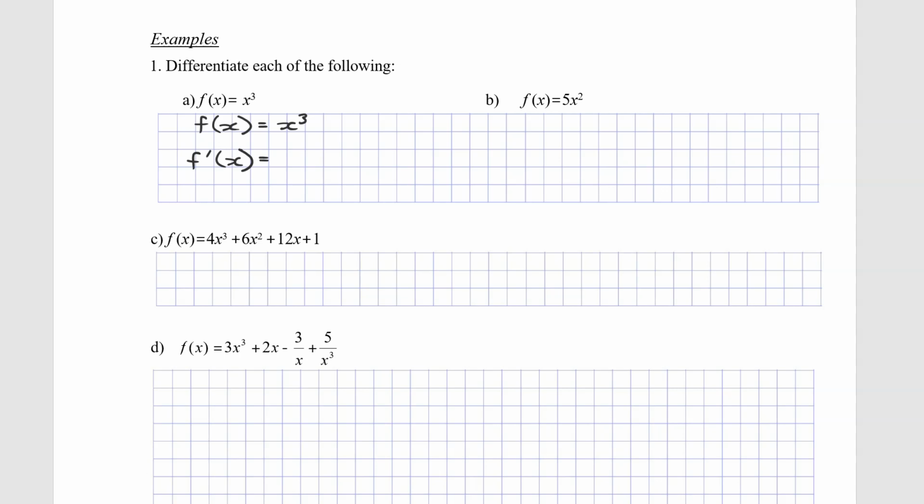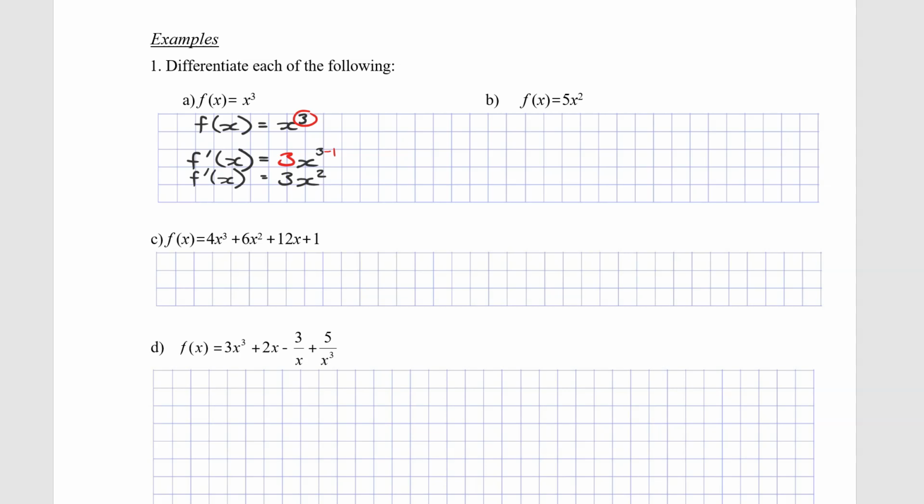Using the simple power rule, I'm going to grab the 3, and we'll bring the 3 down the front. The x will stay there, then our 3 will be up there, but we're going to take 1 from there. So what this will leave us with is 3x squared. So the derivative of f of x, or f dash of x, is simply 3x squared.